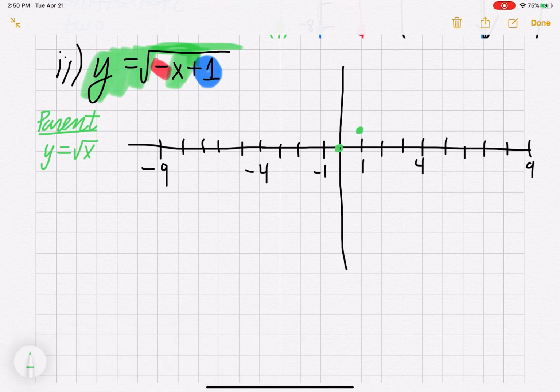There are 4 key points. 4, 2. And 9, 3. Something like that, right?